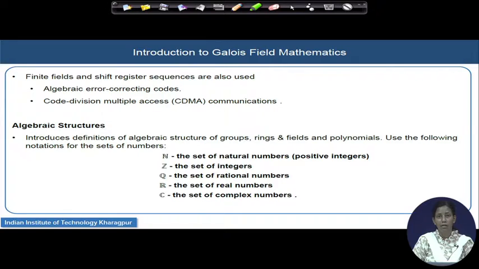The generation and the algebraic architecture of all those codes roots down to the understanding of finite fields.